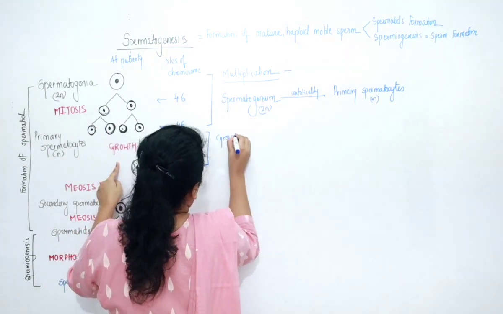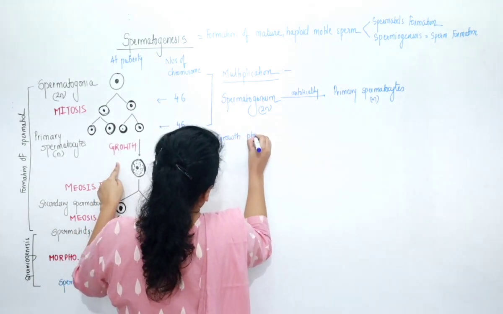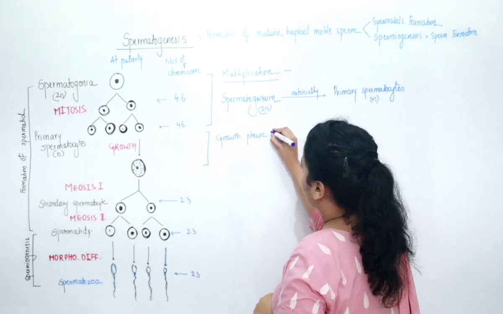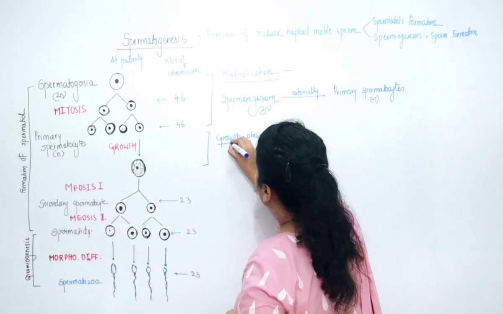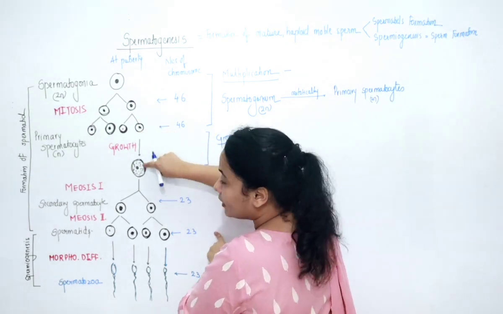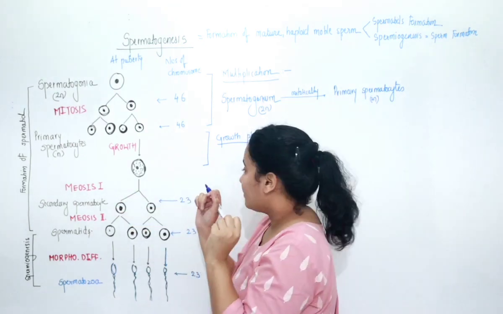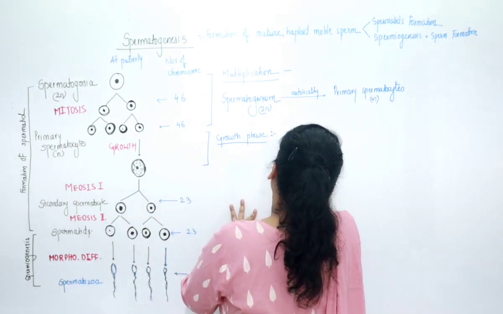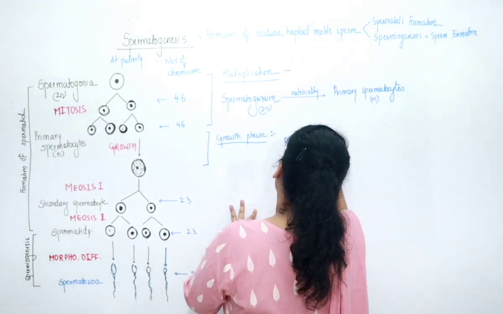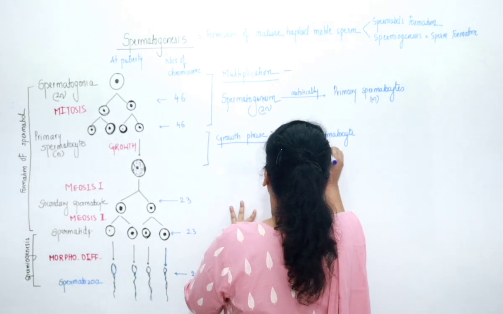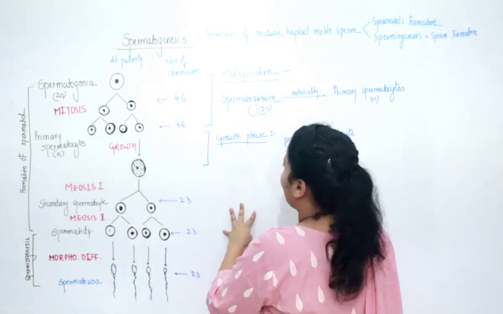Now the second phase, I'll just draw it small, and this phase is known as the growth phase. In the growth phase, simply we will write that this primary spermatocyte will grow in size. So I'll write over here primary spermatocyte. We know that it is diploid, right?